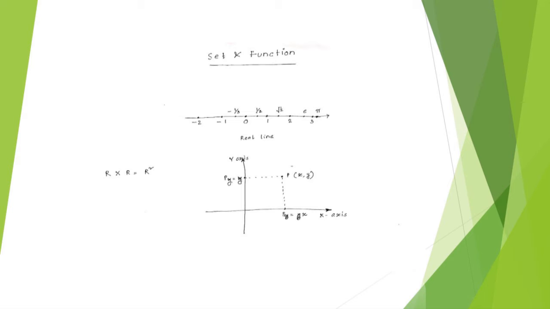This symbolism reflects the idea that the coordinate plane is the result of multiplying together two replicas of the real line R. So we multiply two real numbers R and R and we get R square. This symbol R square is our coordinate plane.